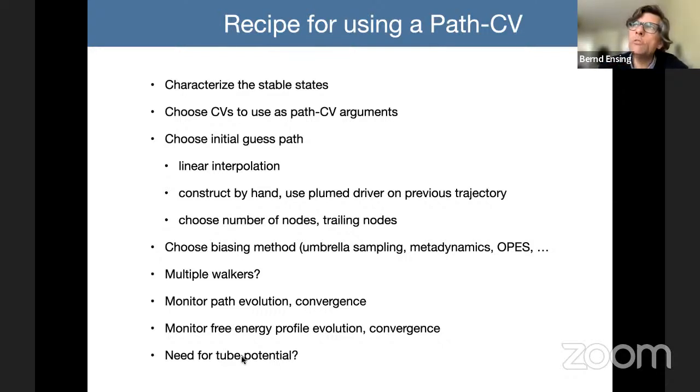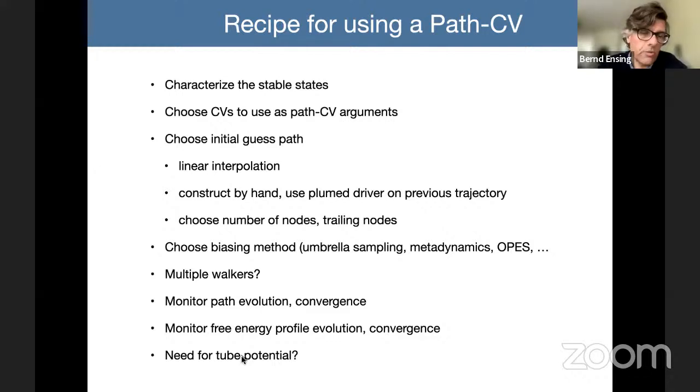Now, why would you want to do that? In principle, it's not a good idea because you limit the sampling of the width of your channel, and that could have an entropic effect that maybe is important. But sometimes you need to do it because maybe there are side reactions that would otherwise hamper your sampling, and then you have to limit it.